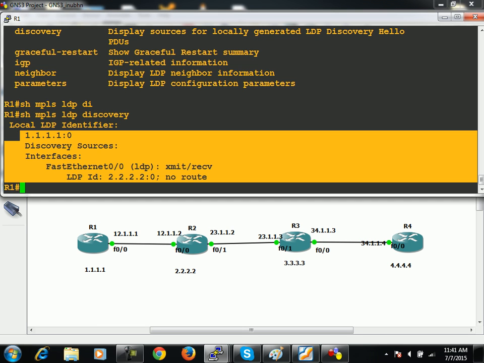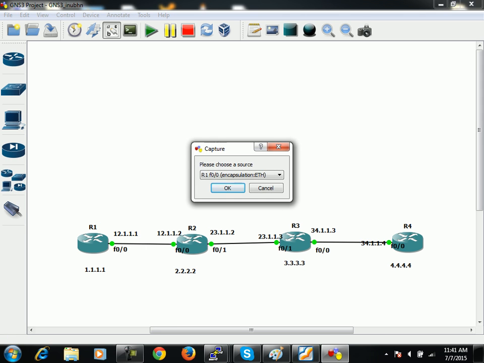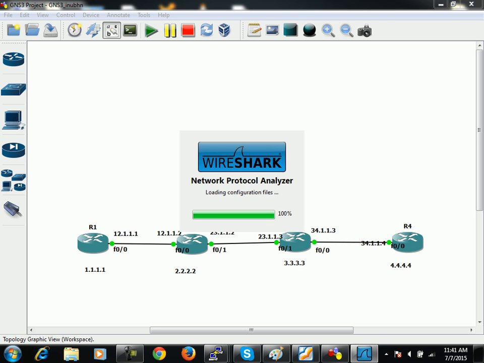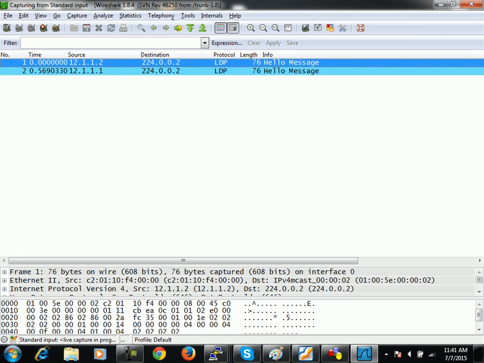Even it is showing us that no route. However, they will keep on sending hello messages to each other. You can see that, in every 5 seconds.